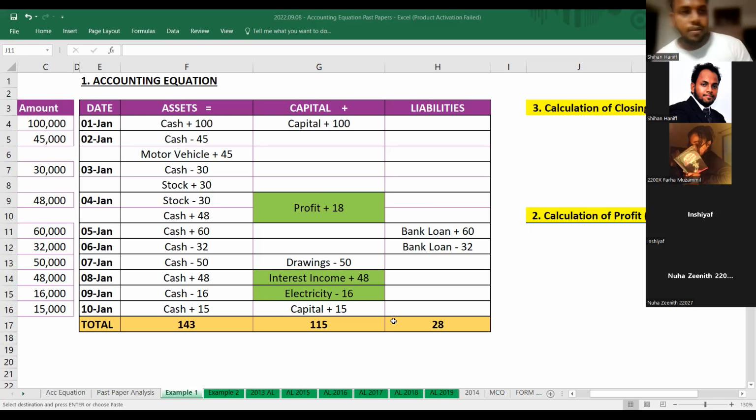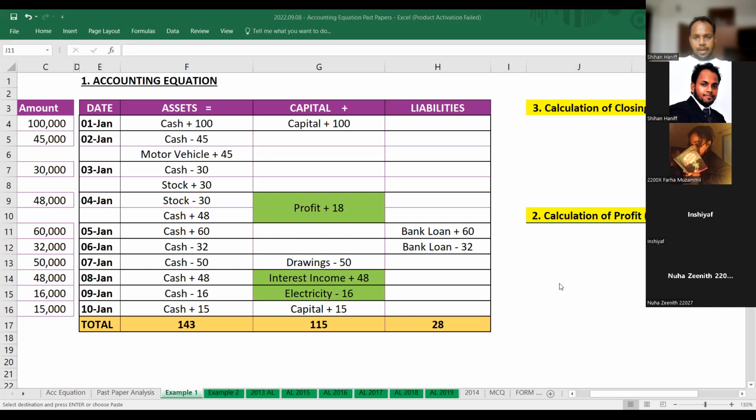So net profit, how do you calculate the net profit?